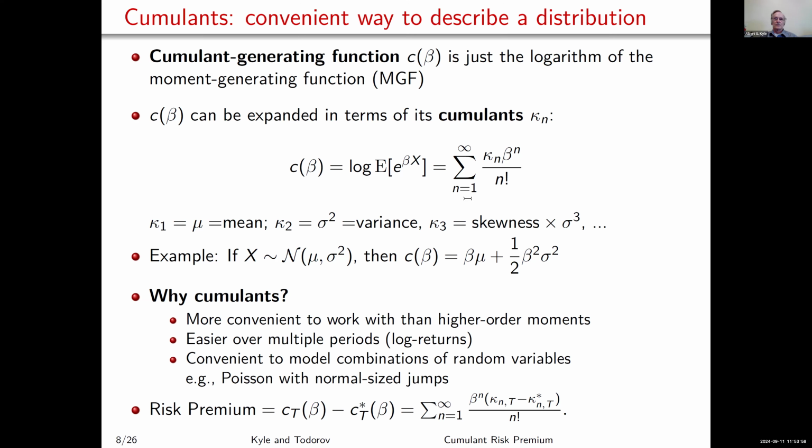So the sum starts from n equals 1 and goes to infinity. Kappa 1 is just going to wind up being the mean, the log mean of the distribution. Kappa 2 is going to wind up being the variance. Kappa 3 is going to wind up being the skewness scaled by the standard deviation cubed. Kappa 4, which is not here, is just the excess kurtosis.